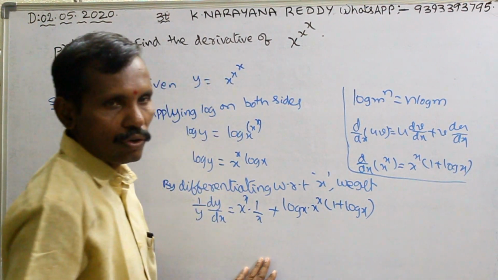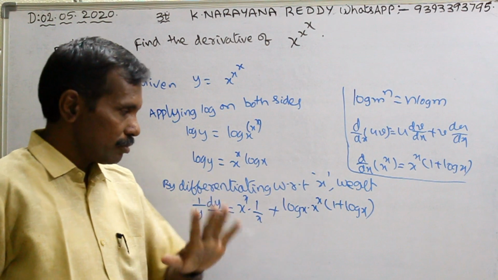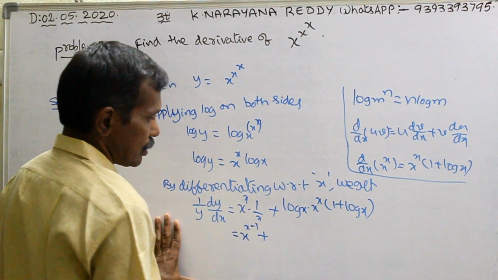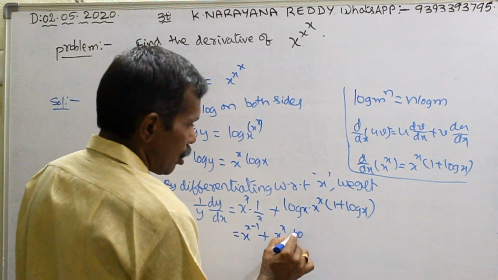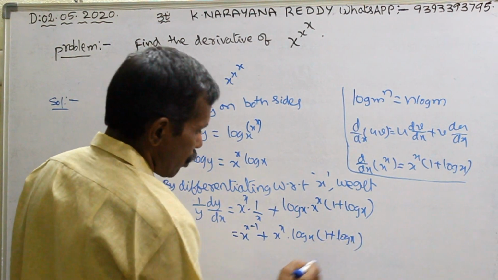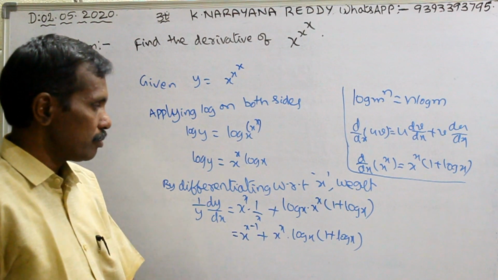This is the formula. Okay, we are using that formula here. That's all. x to the power of x minus 1 plus x to the power of x into log x into 1 plus log x. Okay. Now I separate x to the power of x minus 1.